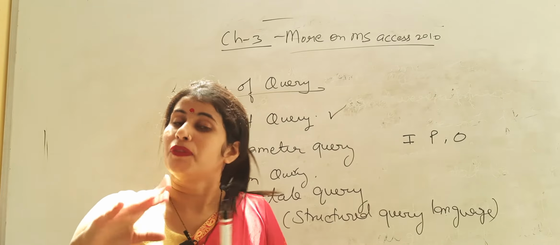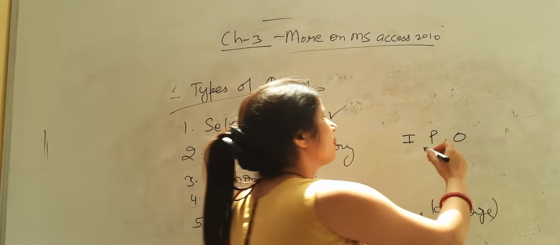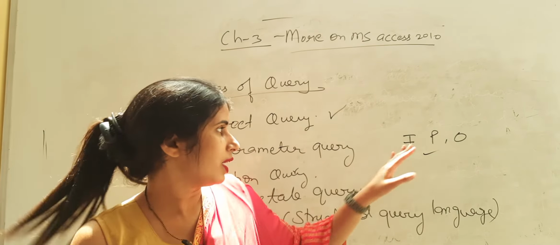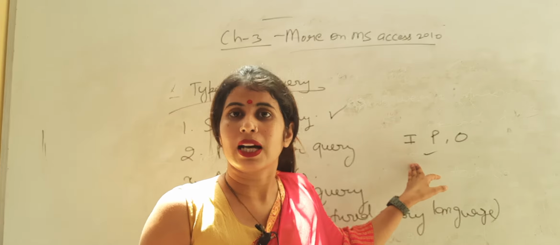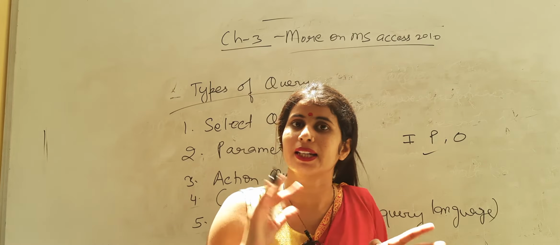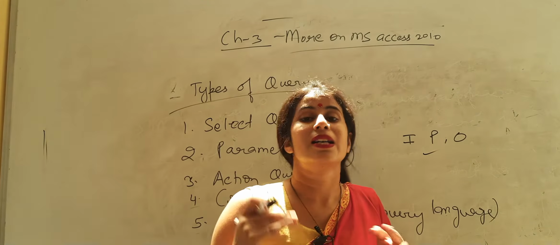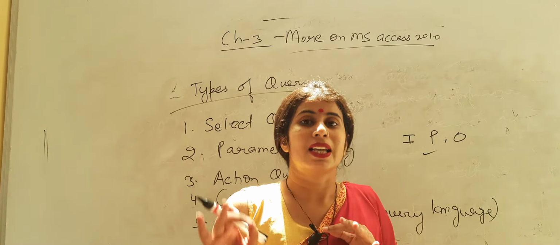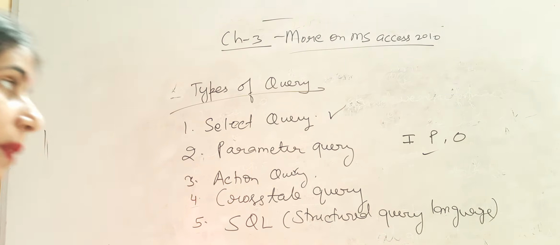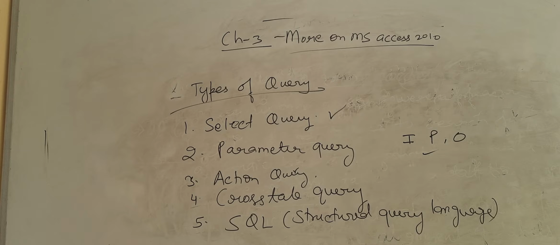Before it runs, whenever we run a query for processing, at first it will prompt us for the input. It will show us the input, and then we can check whether the answer is exactly there according to the input or not. So it is about the parameter query. First is select, second one is the parameter query.